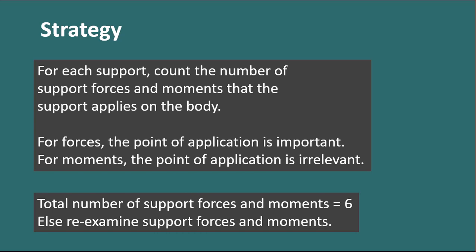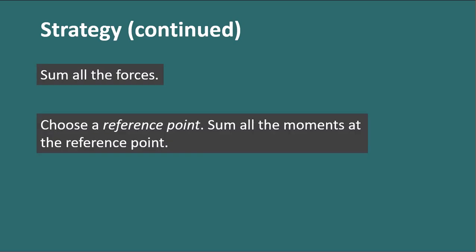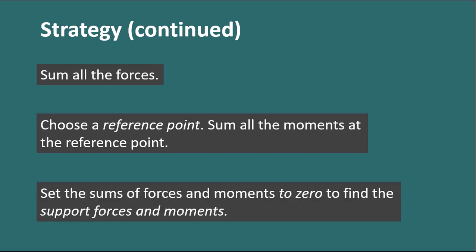If the total number of support forces and moments is not 6, then you will have to re-examine the support forces and moments. Sum all the forces, choose a reference point, sum all the moments at the reference point, and set the sums of forces and moments to 0 to find the support forces and moments.